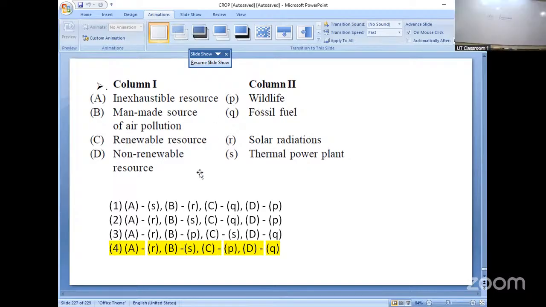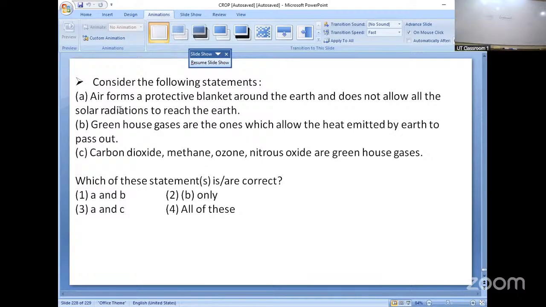Wildlife. And last: air forms a protective blanket around the earth, and you have to select the correct ones.